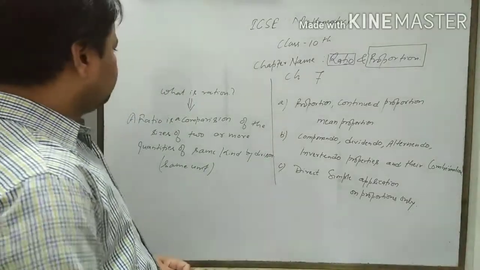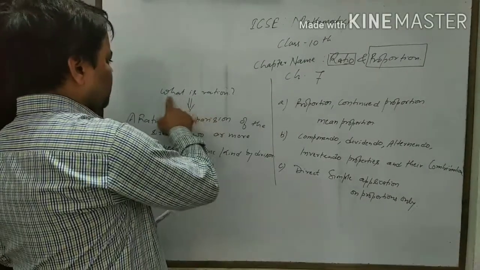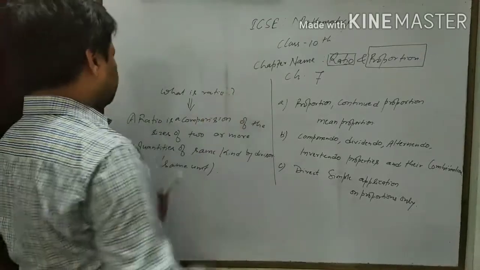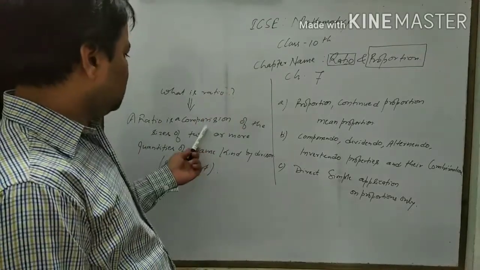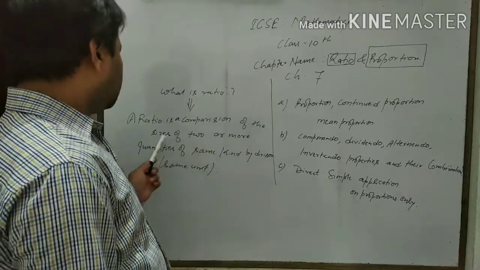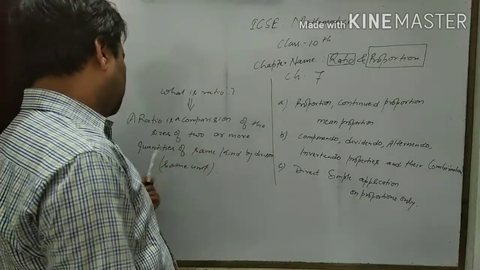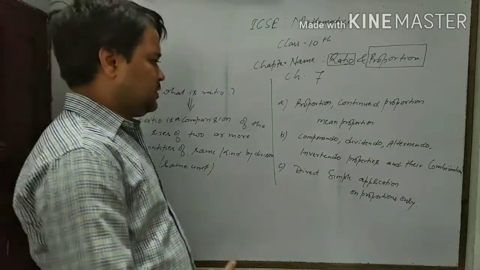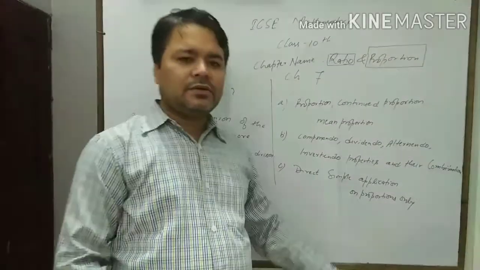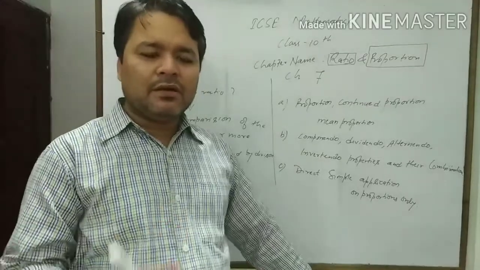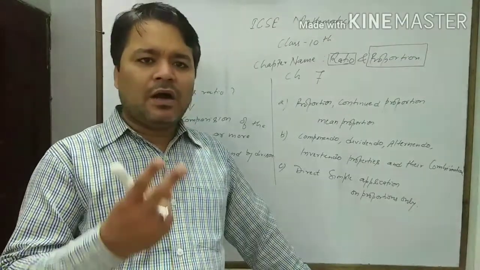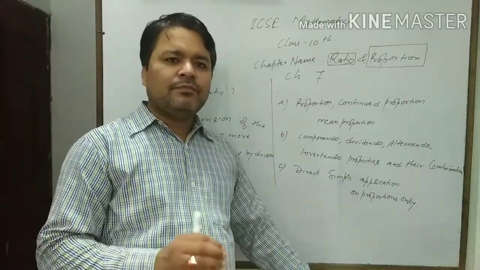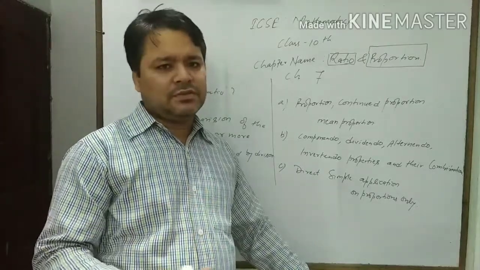What is a ratio? A ratio is a comparison of the sizes of two or more quantities of the same kind by division. It means here we make a comparison of two quantities of the same kind by the method of division.